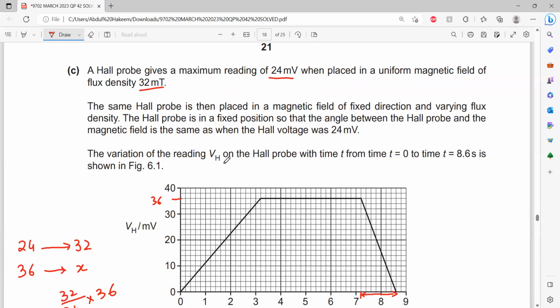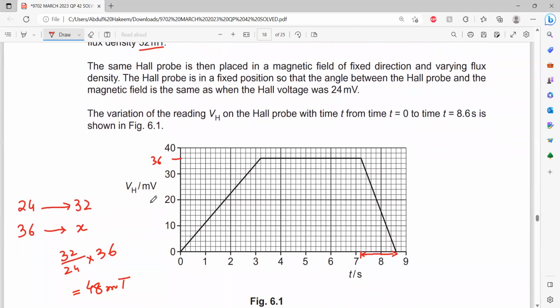The graph shows the variation of the reading V_H with time t from 0 to 8.6. So this is the Hall voltage and this is the time. There are 3 portions of the graph: a positive gradient, then a 0 gradient, then a negative gradient, and this value is maximum.